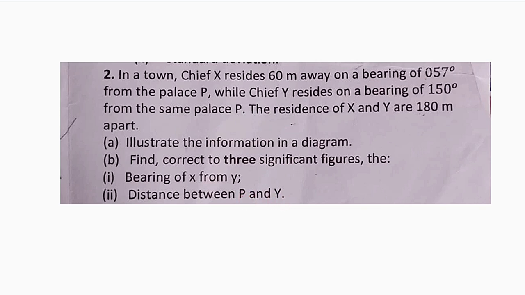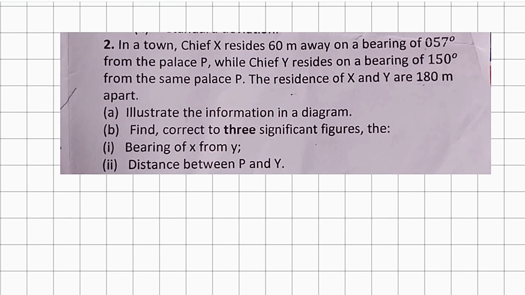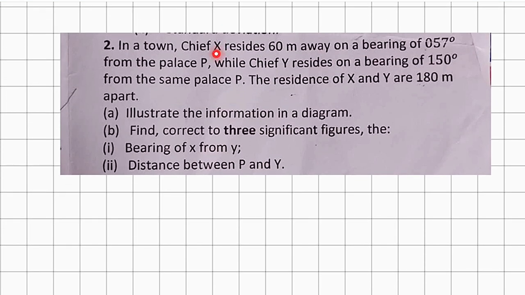All right, first of all, we are going to start with the sketch. According to the question, X is on a bearing of 57 degrees from P. So we are going to start from P. Assuming we have a point P situated here, this is the palace. And remember, every single point has a north pole.